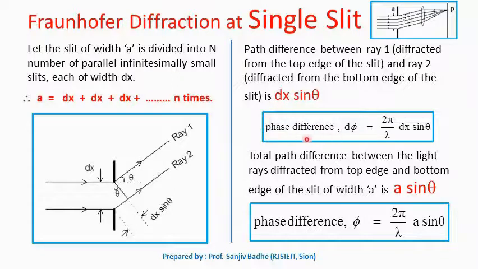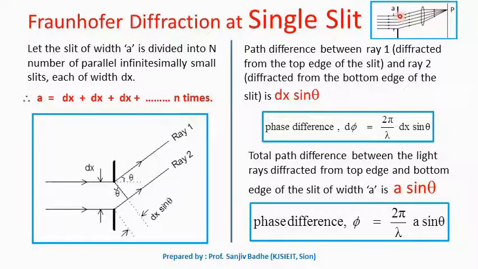The corresponding phase difference can be obtained by multiplying this path difference by 2 pi by lambda. So the phase difference between ray number 1 and ray number 2, which are diffracted from successive slits of width dx, is given by 2 pi by lambda dx sin theta.